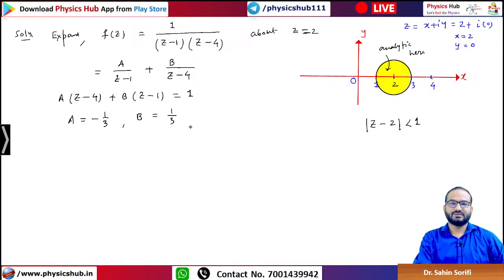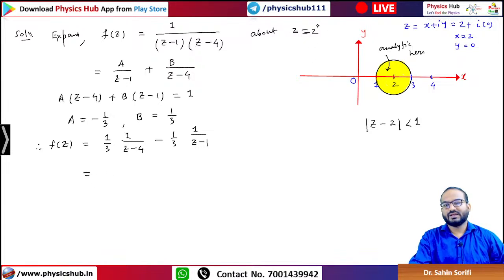In this way you can get it, and hence we can write our function f of z equals, let's say this is positive, so let's take that b term first, 1/3 times 1 by (z minus 4), minus 1/3 times 1 by (z minus 1). Can we write it? Now somehow we need to bring the term z minus 2. So z minus 4 is there in the denominator. What are you going to do then? (z minus 2) minus 2.